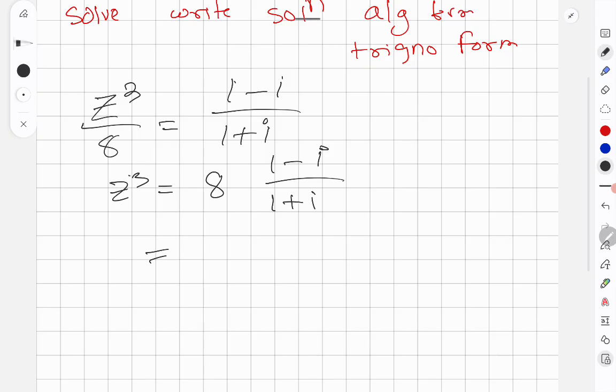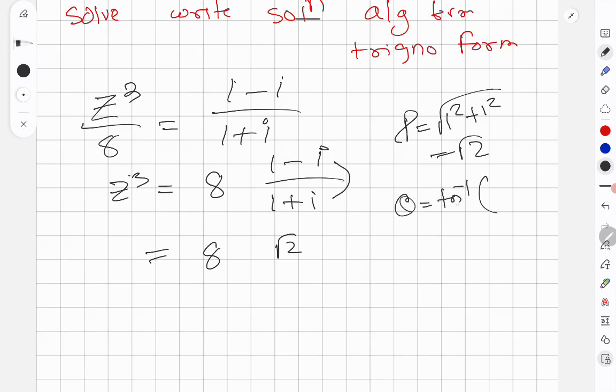So if I convert it to trigonometric form, you have to calculate the rho of both of these, which is the same. So rho is 1 squared plus 1 squared under a root, that is root 2, the modulus. So I can write this as rho root 2, and the angle is tan inverse of 1 upon 1, so it's 45 degrees, and for the upper one, minus 45.